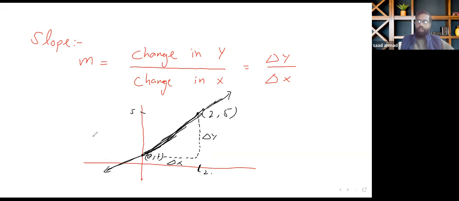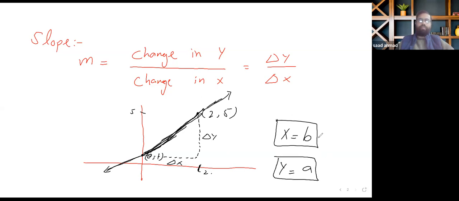That is, if we have x equals b, that's one form that we can see. And y equals some number a. A and b are real numbers. So x equals b is a vertical line.